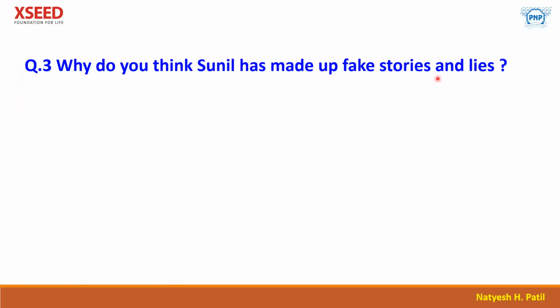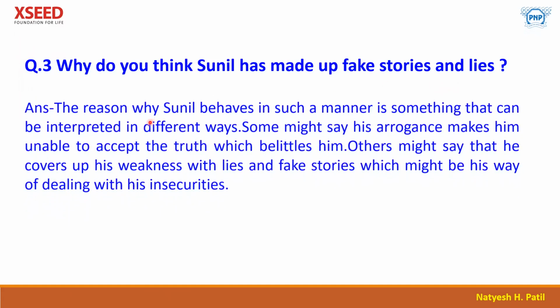Why do you think Sunil has made up fake stories and lies? What is the reason according to you? The reason why Sunil behaves in such a manner can be interpreted in different ways. Some might say his arrogance makes him unable to accept the truth, which belittles him. Others might say that he covers up his weakness with lies and fake stories, which might be his way of dealing with his insecurities.